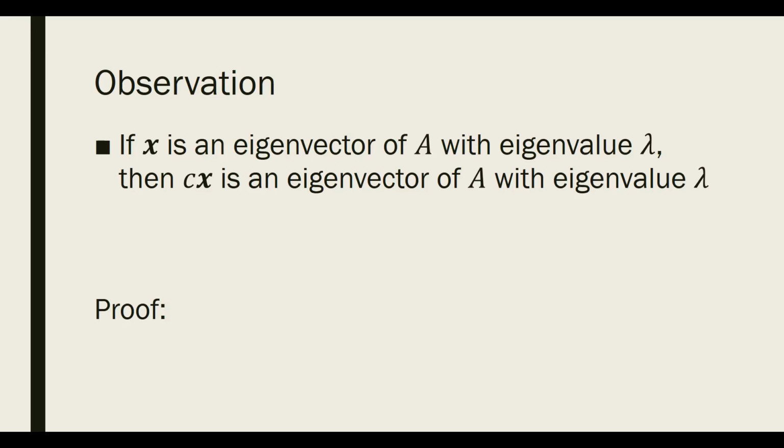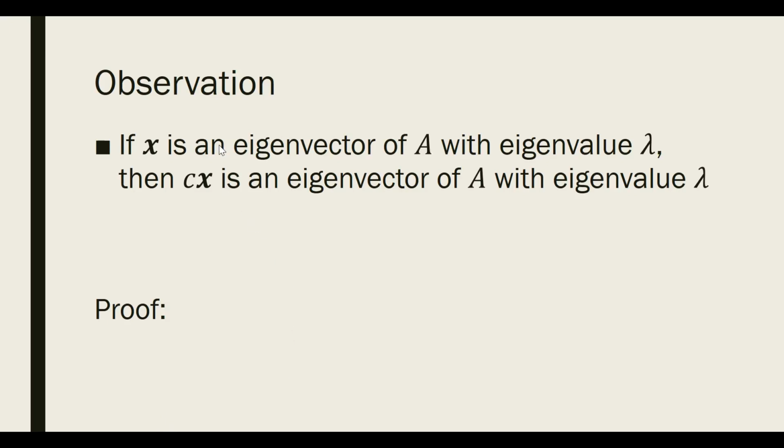Now, I could have proved this in the previous example, but I'm going to prove this in a more general sense. And these are the types of proofs you should expect, if you're going to be tested on. So how could we show if x is an eigenvector of A with eigenvalue lambda, then c times x is an eigenvector of A with eigenvalue lambda as well.